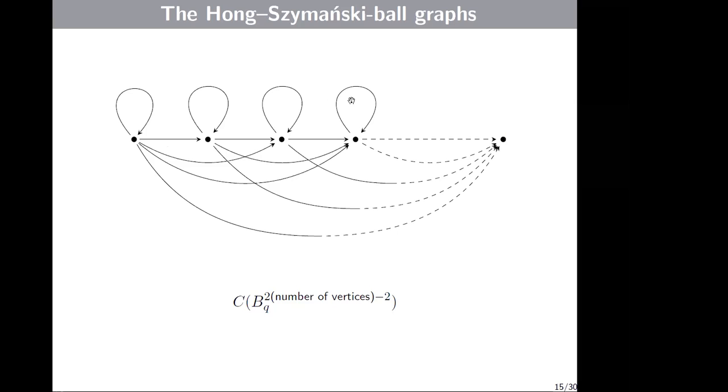But it doesn't, because we have loops everywhere, okay? That's the whole point. If I would skip this loop here, then this vertex would shoot all its finitely many arrows into this vertex. Then this set would not be saturated. But because there is a loop, we are done. This is a saturated subset.